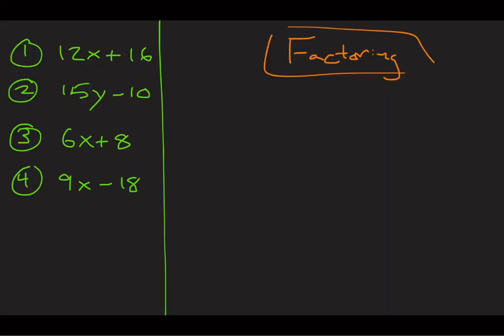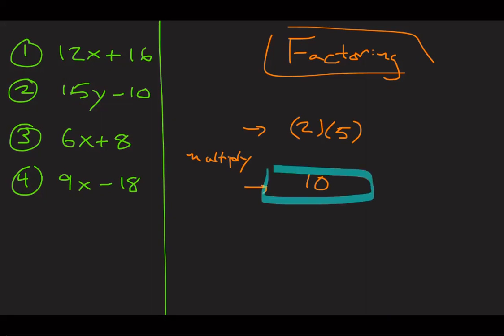So when we multiply two numbers together, let's say we're doing 2 times 5. Remember, parentheses like this mean we're multiplying. 2 times 5 gives us 10. So we started here, we wound up here, we multiplied. But what if we started with this and then we said, okay, what numbers can multiply to give us 10?